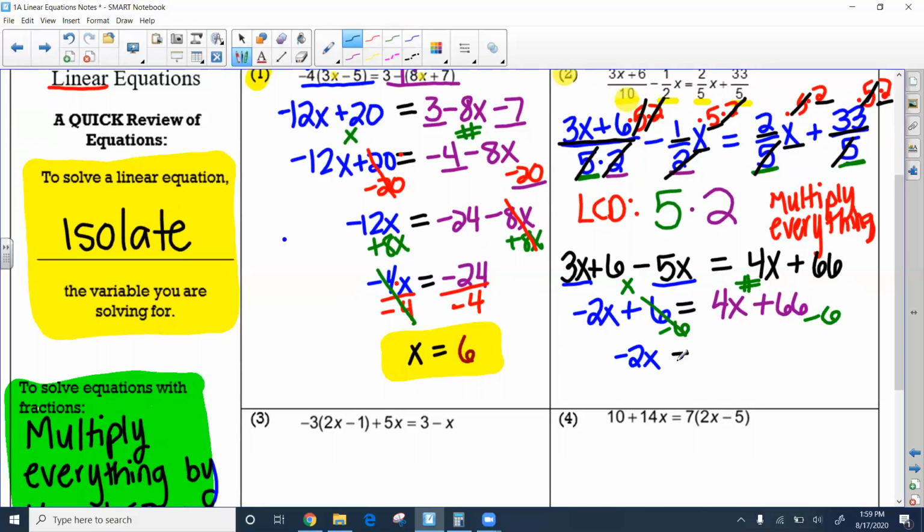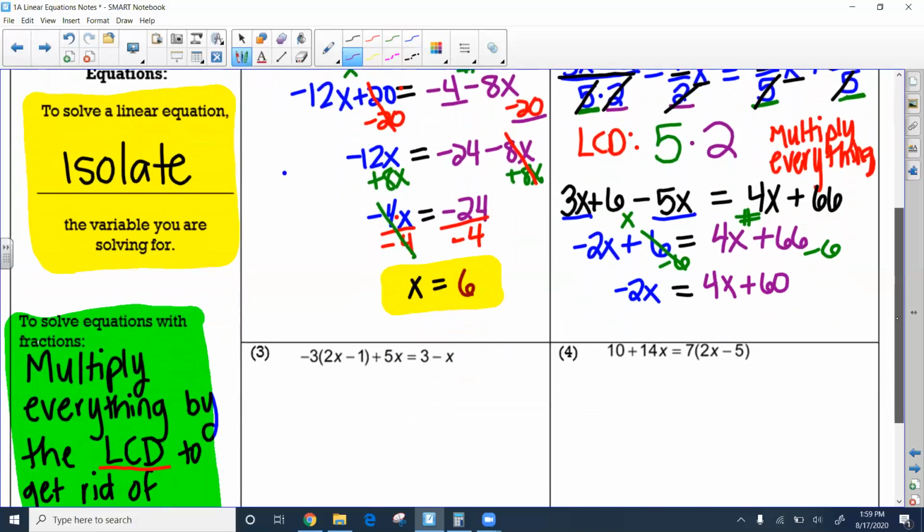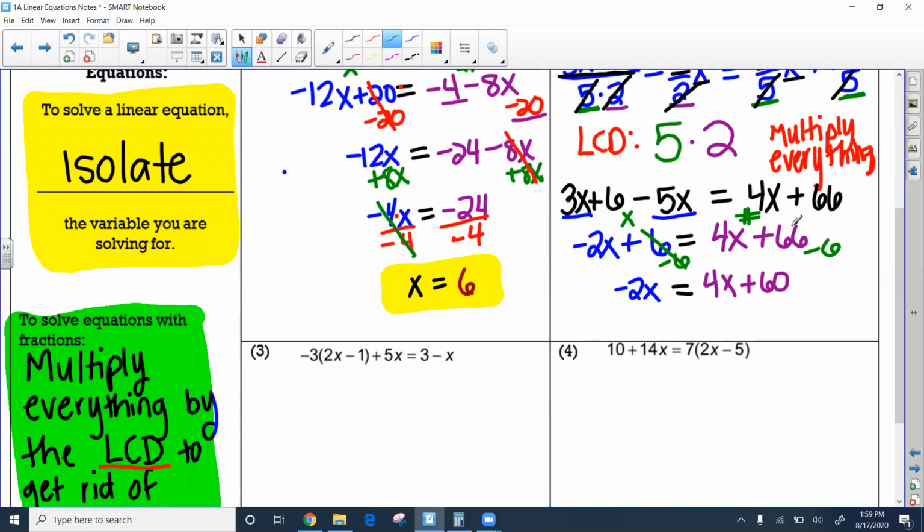On the right, now I have 4x plus 60. I just combined the 66 and the minus 6. Then we said on the right side, we only want numbers. So I'm going to keep the 60 where it is, which means I have to get rid of 4x.